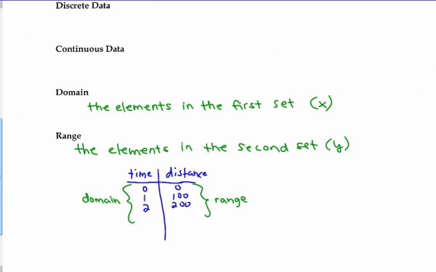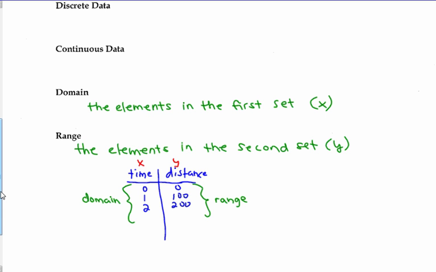Now, which one would be X here? Time. The first one is always your X. The second in a chart is always Y. Now, time and distance actually have another name as well, but we're going to come back to that.